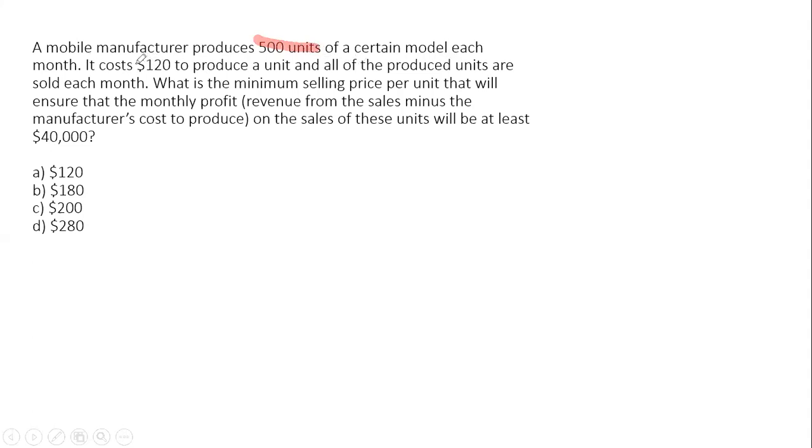If the cost is $120 to produce a unit, so the cost for one unit is $120, and all of the product units are sold each month. What is the minimum selling price per unit? This is what I need. That will ensure that the monthly profit on the sales of these units will be at least 40,000.